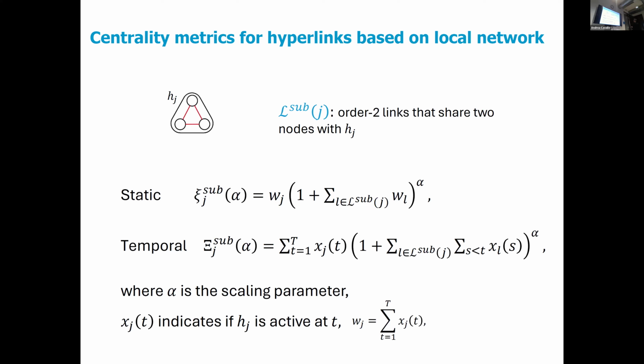We also propose a temporal metric, which is just a generalization of this static metric. Here we can see the number of activations of the target hyperlink j in the high-order network times the total number of activations of the hyperlinks in this set.